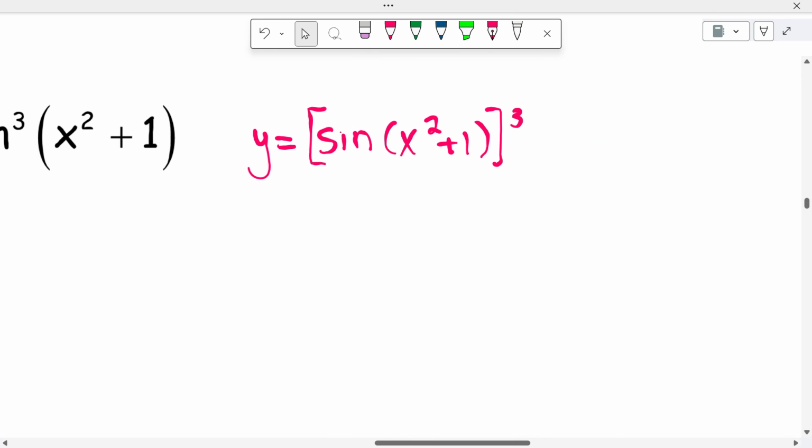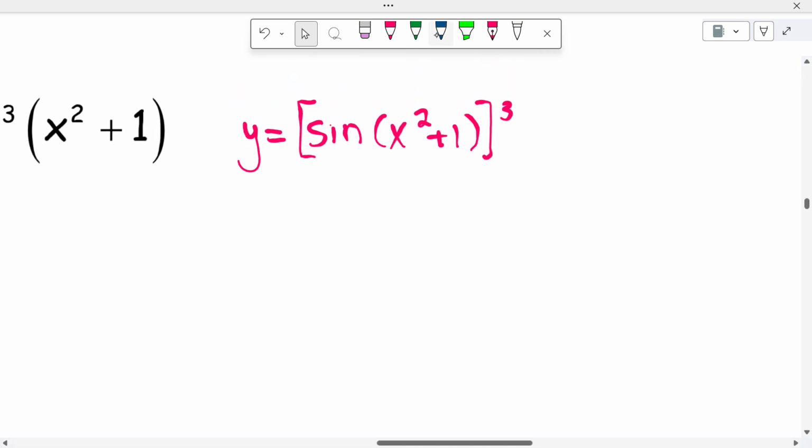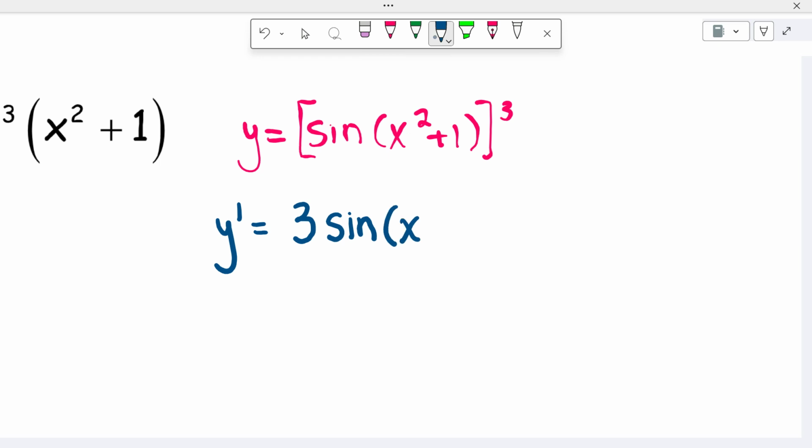So I got to go straight off with the chain rule, right? Because you guys know as soon as you see an exponent, right, are we chain ruling it? Yes. So this here would be, so deal with the 3 first. So then it would be 3 sine, everything inside stays, sine bracket x squared plus 1.